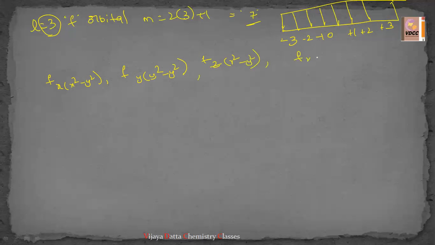And next one is fxyz, and another one is fz cube, and another one is fyz square and fxz square. These are the 7 degenerate orbitals, and its shape is a complex shape. And these are degenerate orbitals.